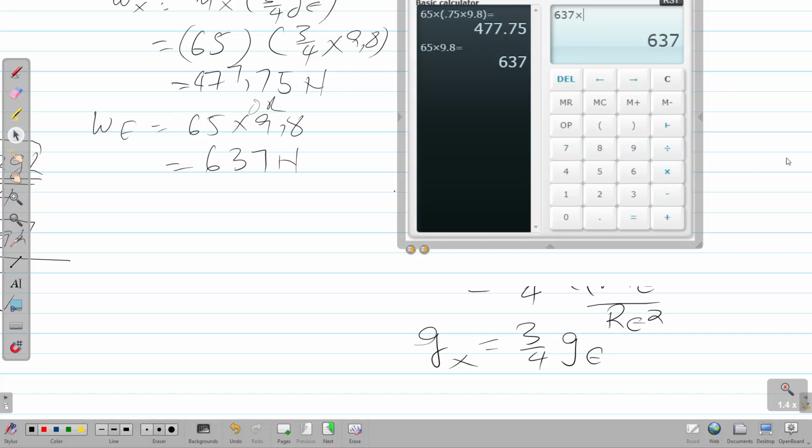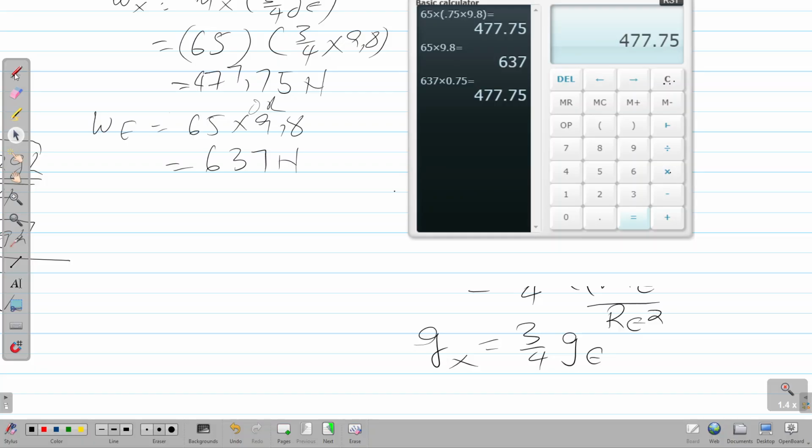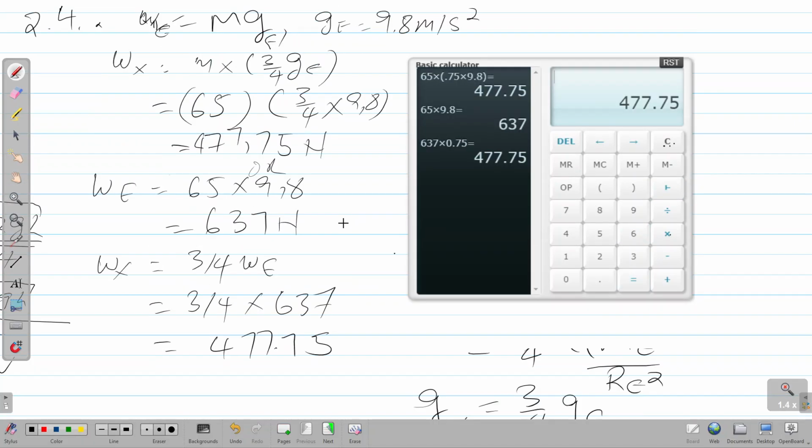Then you multiply this 637 by 3/4 to get your answer. So the weight on planet X is going to be 3/4 the weight on Earth, which is 3/4 times 637, which gives you 477.75 newtons as the numerical value of the weight.